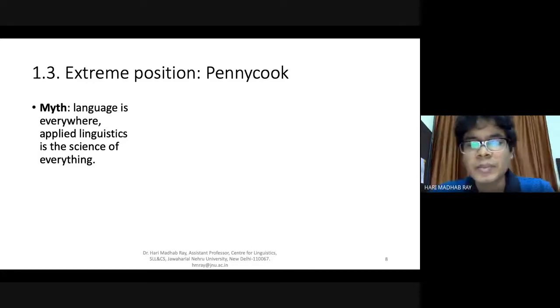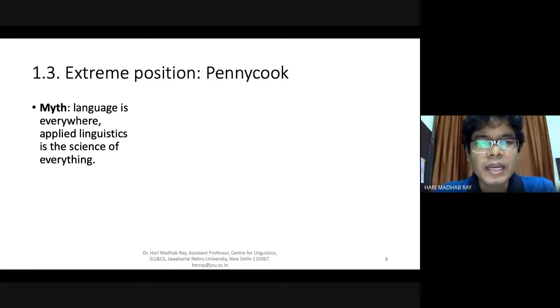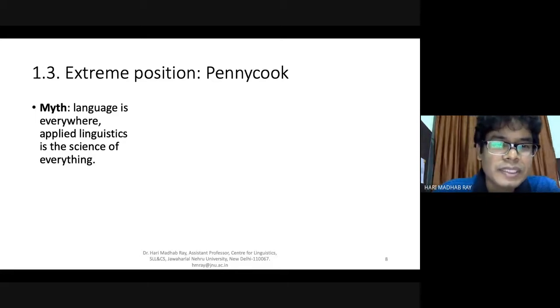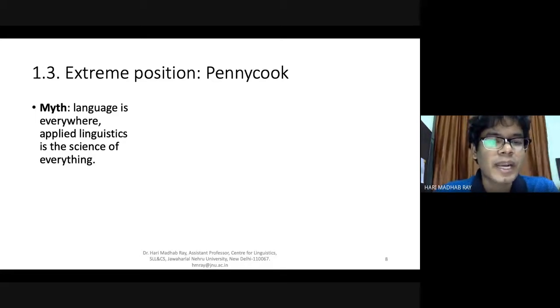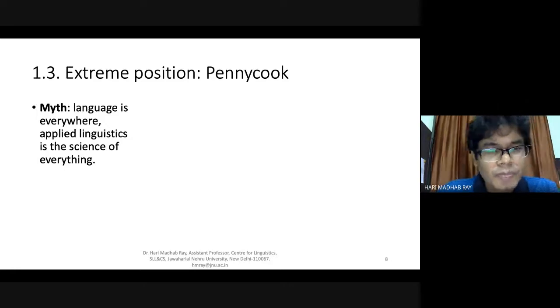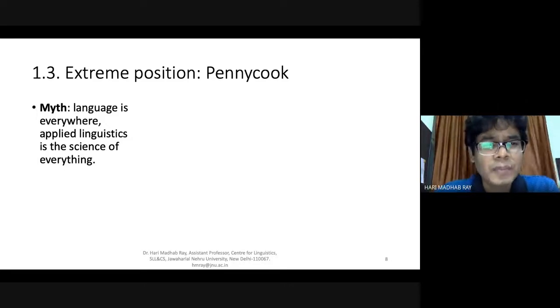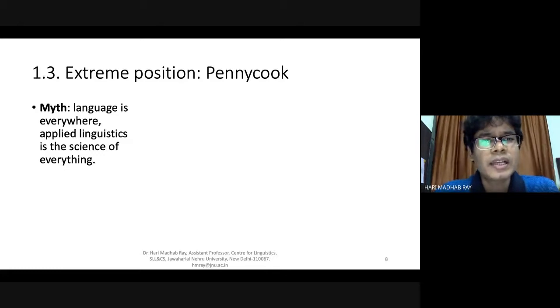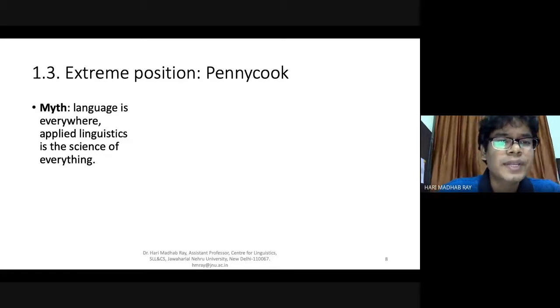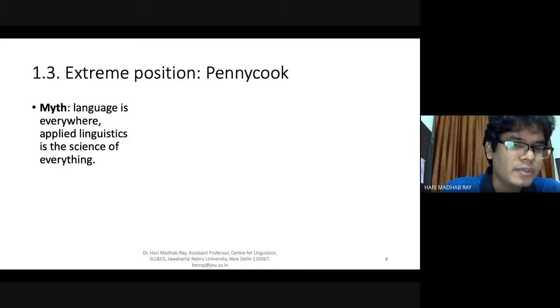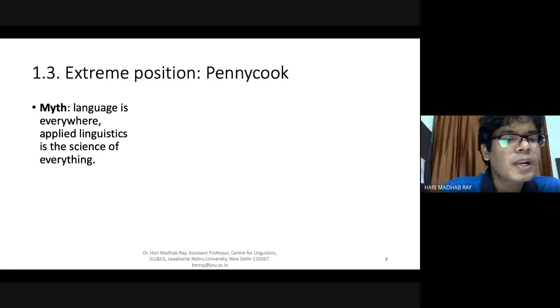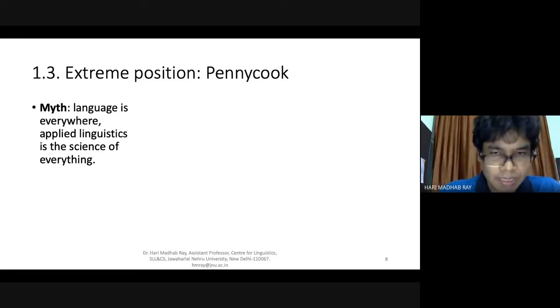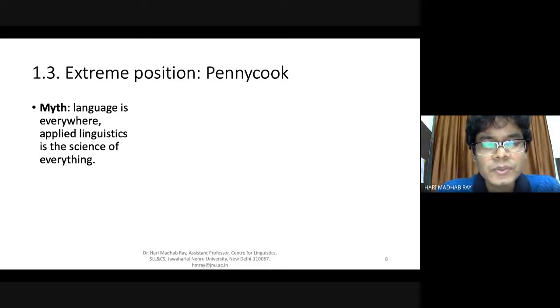Practitioners of applied linguistics can give you practical solutions, but we should not have that kind of approach in our mind. If somebody has that approach in mind, rather we say that this is a myth. Language is everywhere, applied linguistics is the science of everything. In my understanding, this could be considered a myth.